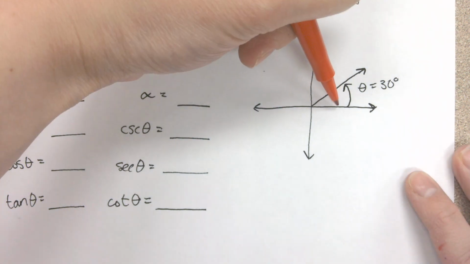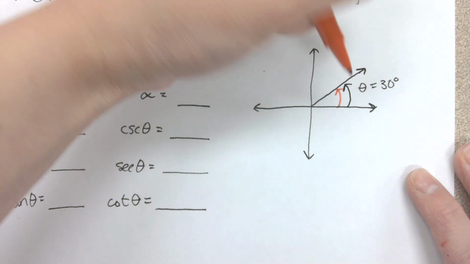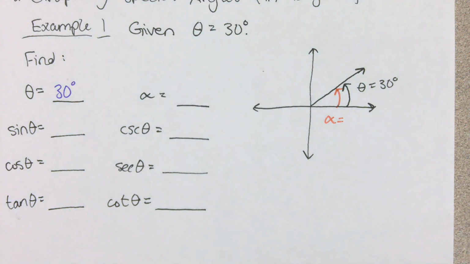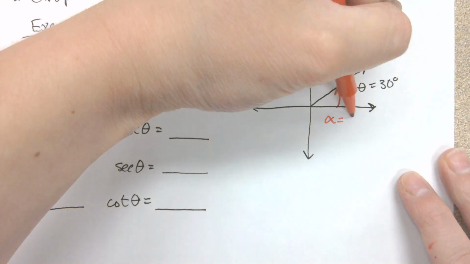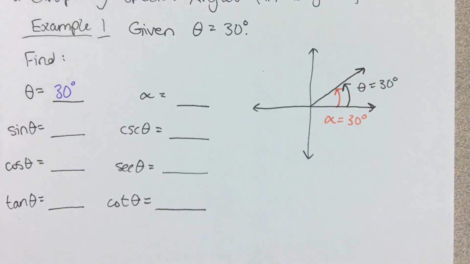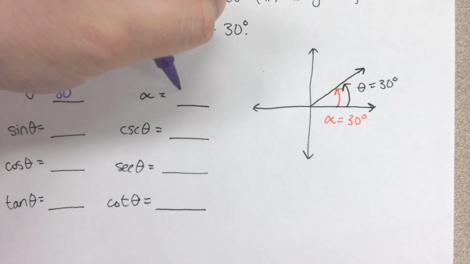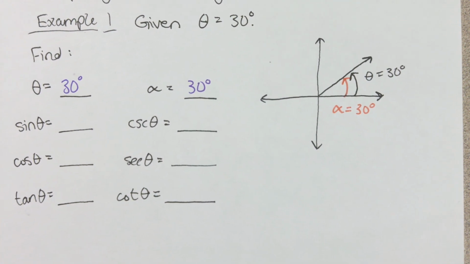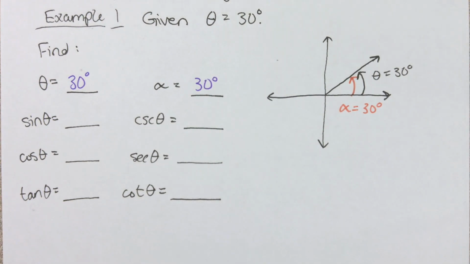Alpha, x-axis to the angle. We're in the first quadrant where alpha and theta are always the same, so alpha is also 30 degrees. And we can go ahead and fill that in over here. Hopefully all of that up to this point was familiar to you. Now for the new stuff.